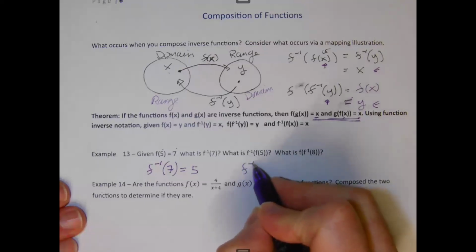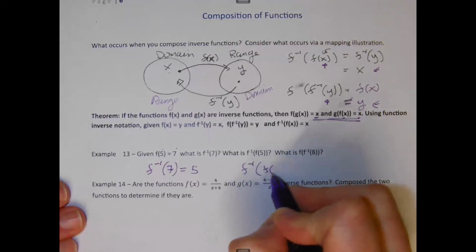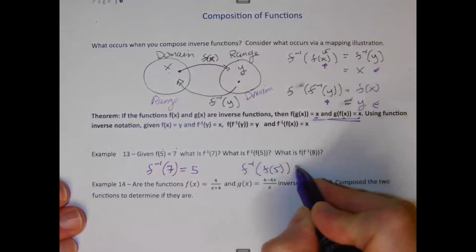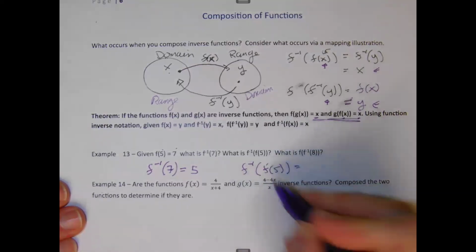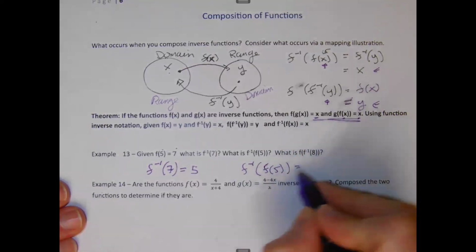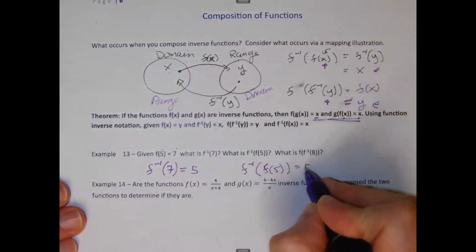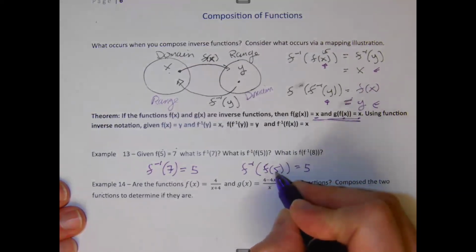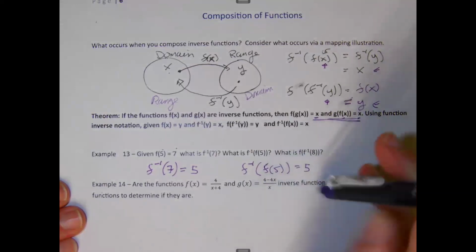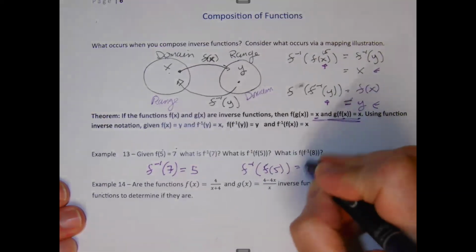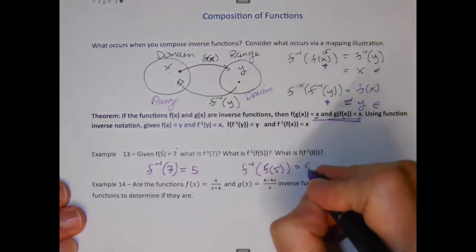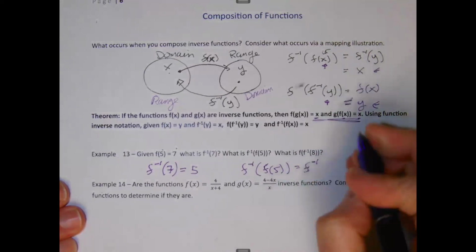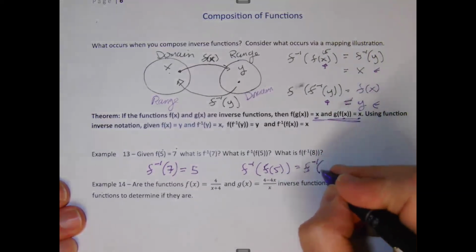What is F inverse of F of 5? It should be 5. F of 5 takes me somewhere. I'm going to illustrate it this way. By the way, if you're taking Math 112, you actually need to do this. There's a little tricky part to this, and you must do exactly what I'm doing here.